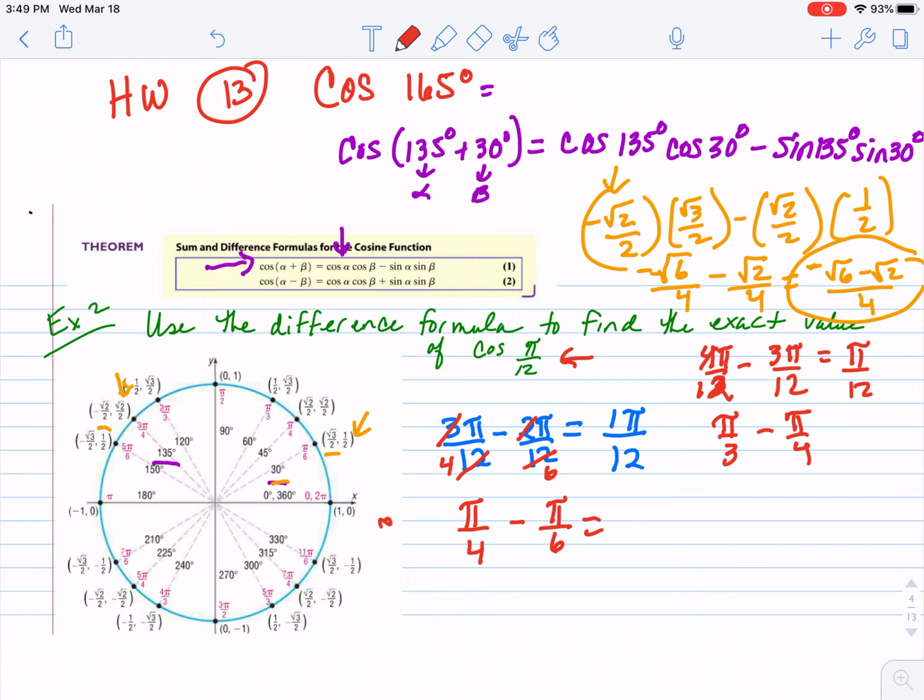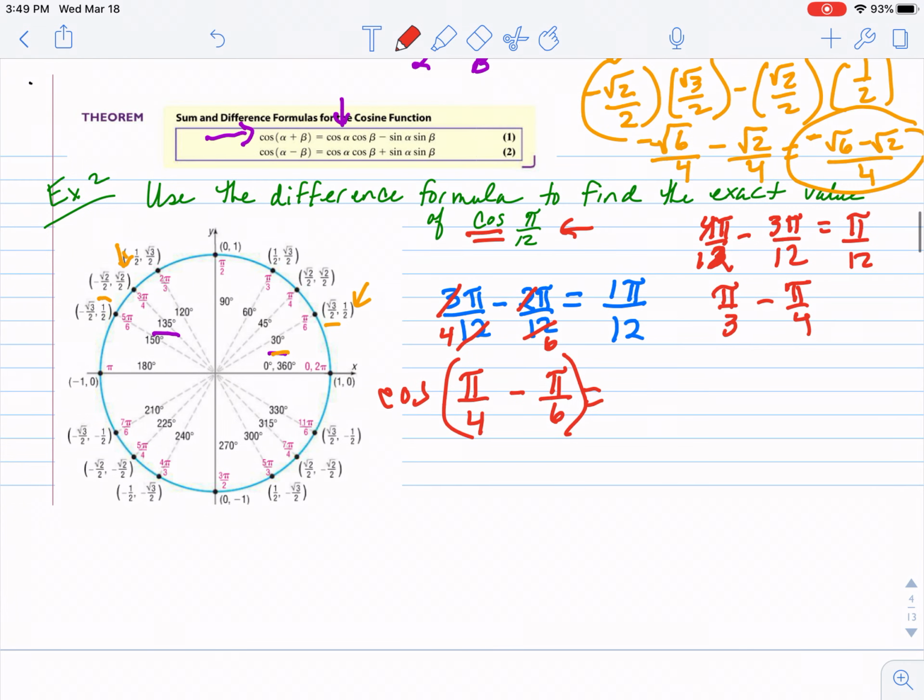So this is the cosine of pi over 4 minus pi over 6. If I follow not that formula, but now this formula, the subtraction, the difference formula, it's going to equal the cosine of alpha. So alpha is this, guys, and this is beta. Now it makes a difference what you pick as alpha and beta because you're subtracting. It's not going to be the same if you say pi over 6 minus pi over 4.